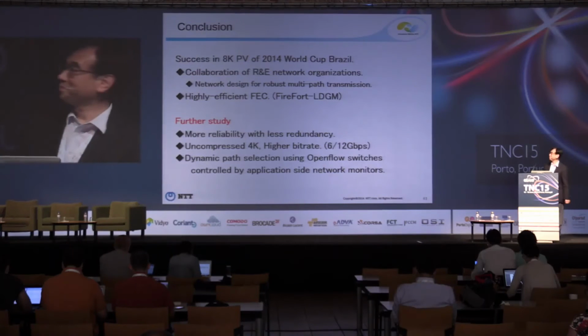Especially to transmit uncompressed 4K or more, at least 6 gigabps is required. So we are now planning a new project using an OpenFlow switch and dynamic network monitoring to control the network path. Okay, many project members and supporters from NRENs. Thank you very much.